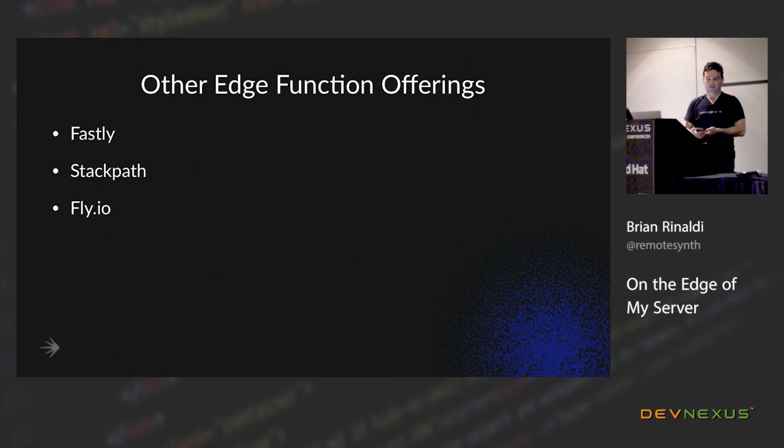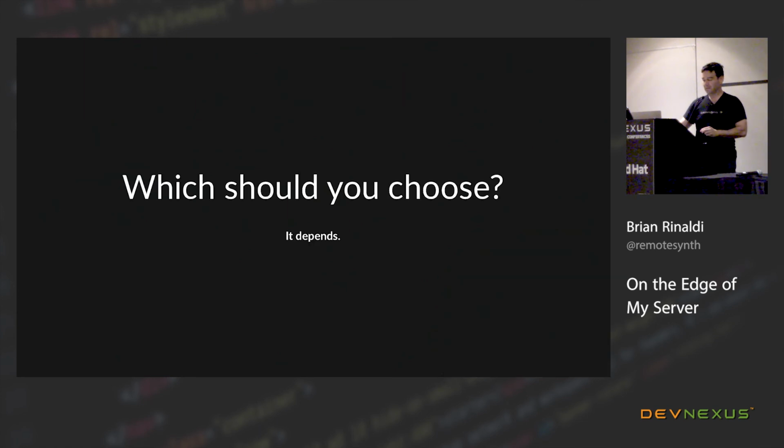Azure has an edge offering. IBM has an edge offering. I'm pretty sure Google Cloud does too, although I didn't dig into theirs as much. So everybody's jumping into this space, basically. There are lots of interesting offerings, and they're all kind of different. It's not easy to compare apples to apples in many cases because it's all very new.